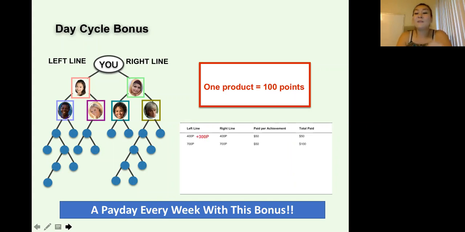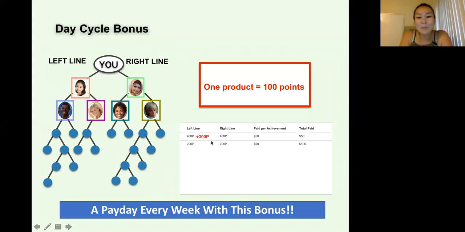But if you have more people, let's say you have 3 more people on your left side, 3 more people on your right side, you will have additional 300 points generated from the right side and left side. So you see this, the cursor is gone. We don't know, it sometimes disappears. Oh, right there.